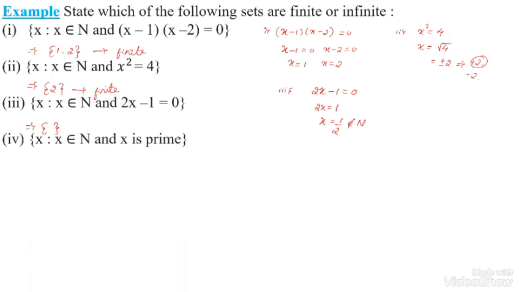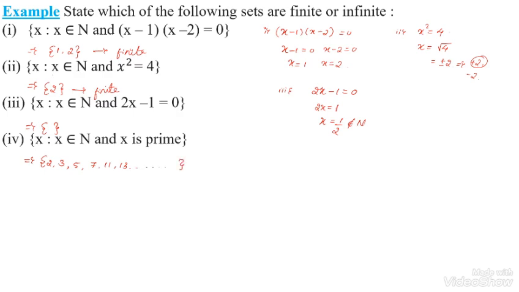Now, let us move on to question 4. {x such that x belongs to N and x is a prime number}. We know that the prime numbers start with 2. 2 is also a natural number, 3 is a natural number, 5 is a natural number, 7, 11, 13, and so on.